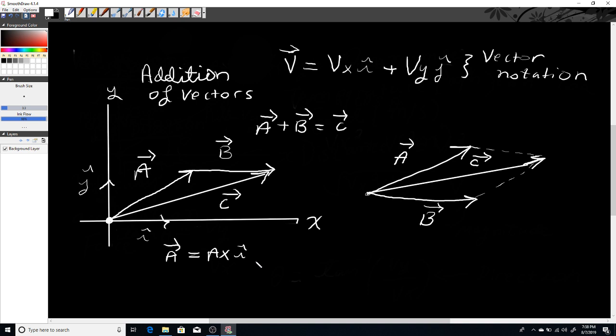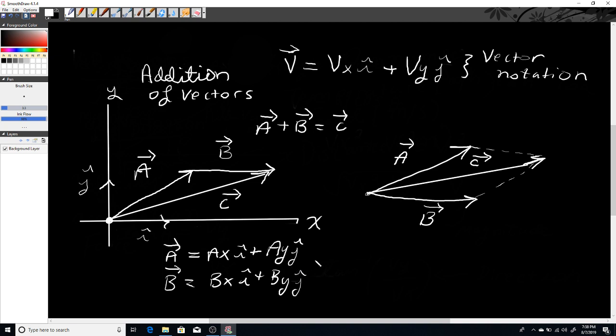They're just symbolic of the direction that the vector is going in. So this is a vector representation of A. And likewise, we have a vector representation of B.